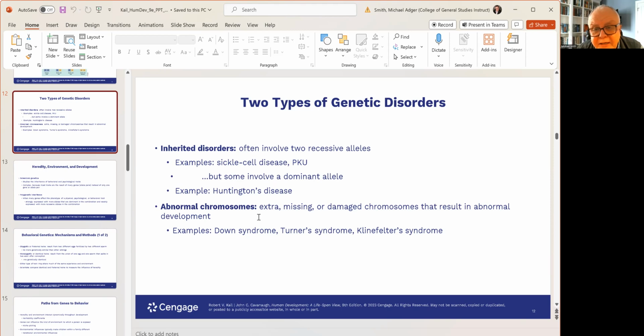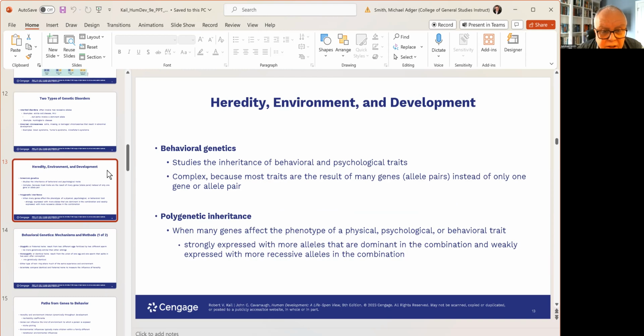You could actually have mutations caused by radiation, caused by any number of factors that can cause these things to happen. Sometimes in locations, say, where there's tainted water and people drink that during pregnancy, that will cause an abnormal thing to happen in the genes.